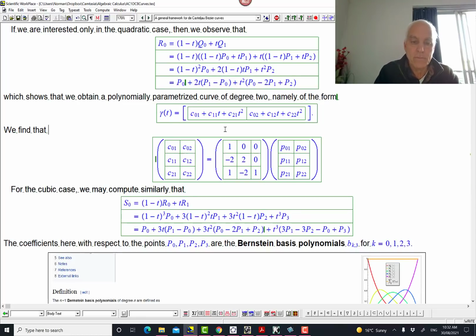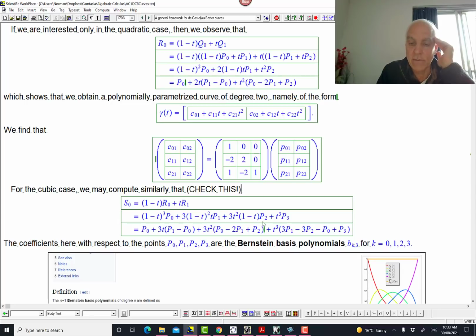great. Okay, now similarly for the cubic case, I won't go through it, but you can check the same kind of story is happening. Okay, please check this. Cubic case is especially important, so I really want you to go through the algebra, get used to doing some arithmetic with polynomials involving t, and convince yourself that this S0 point, which is a combination of R0 and R1, can be expressed in terms of the control points P0, P1, P2, and P3 using this combination.